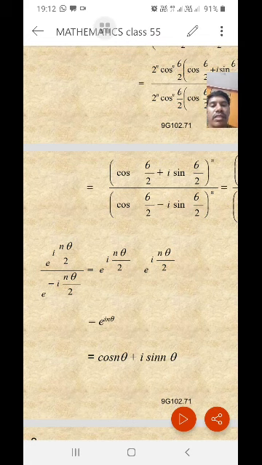After adding the powers we get e power i n theta, because theta by 2 plus theta by 2 means theta. That equals to cos n theta plus i sin n theta.